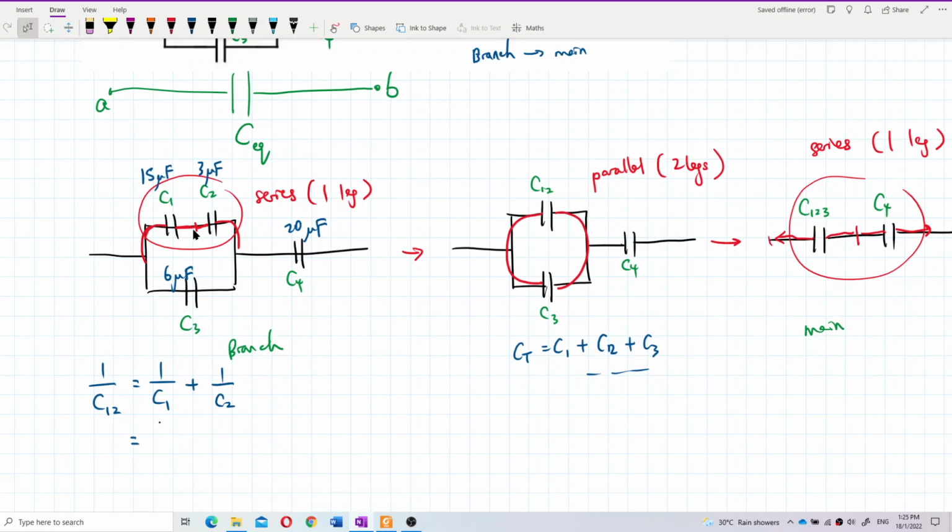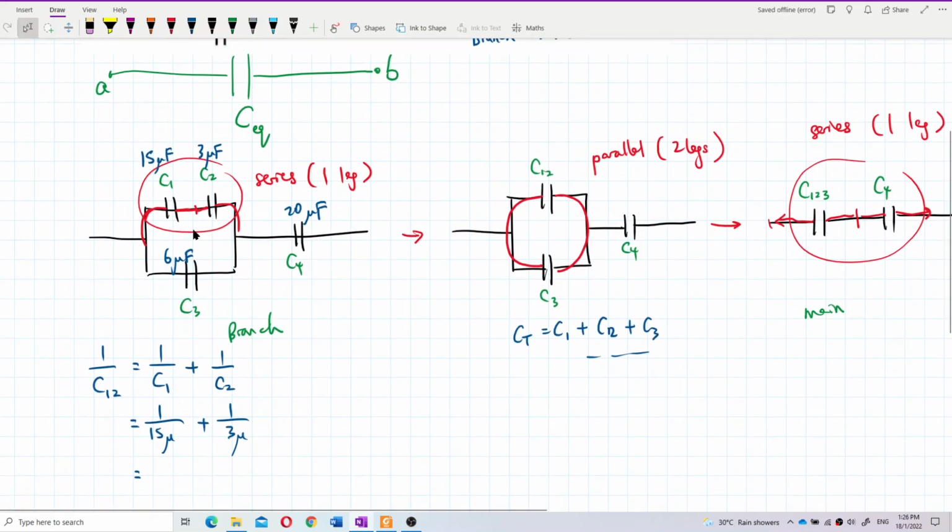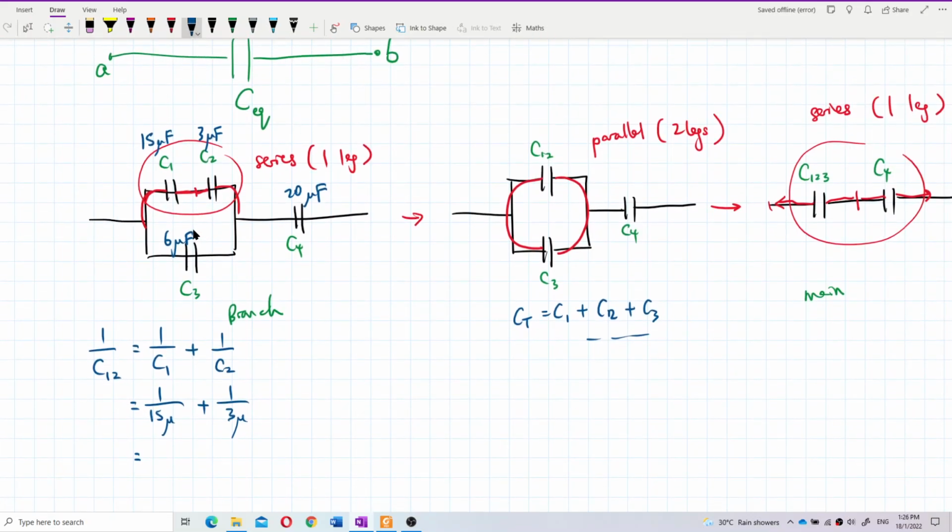This is in micro, so I write it as 1 over 15 micro plus 1 over 3 micro. Let's calculate. I get 2 over 5 micro.